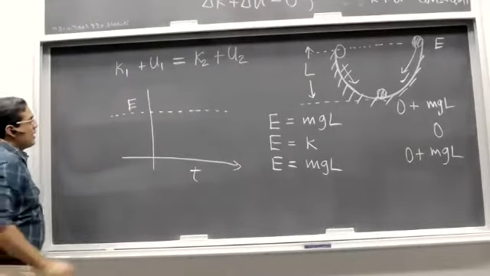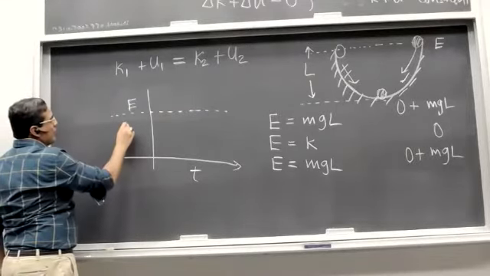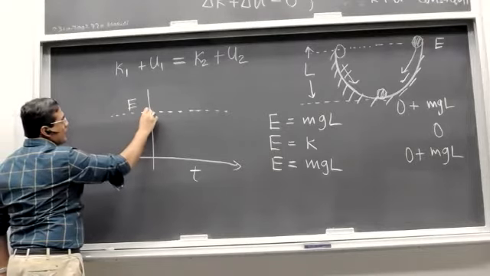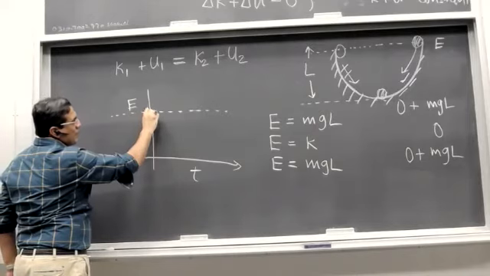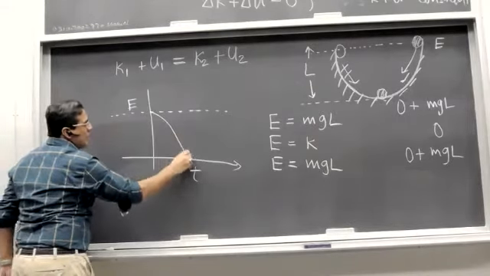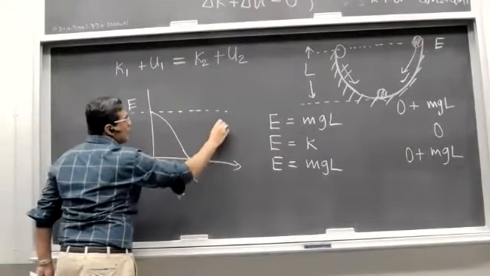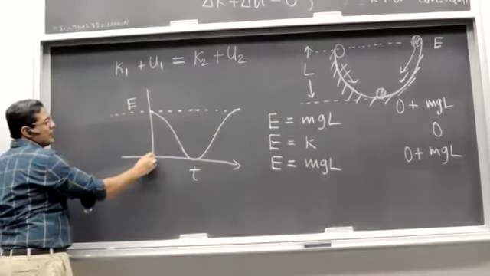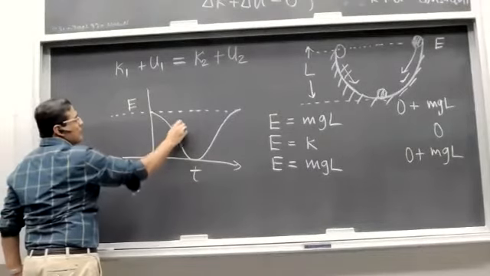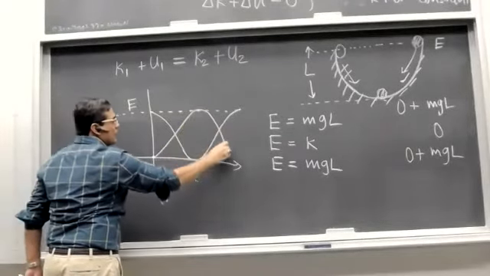Let's say that you also have the potential energy curve. The potential energy would go from maximum to 0 in some form, and then it goes to maximum again. What is the kinetic energy initially? 0. It goes to maximum, then it goes to 0 again.